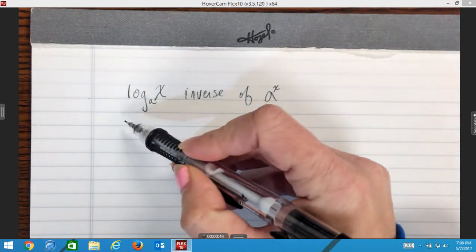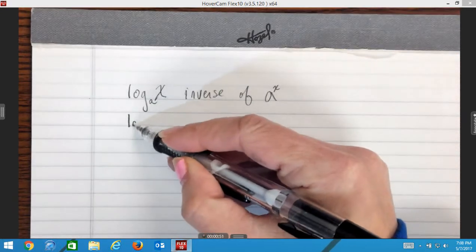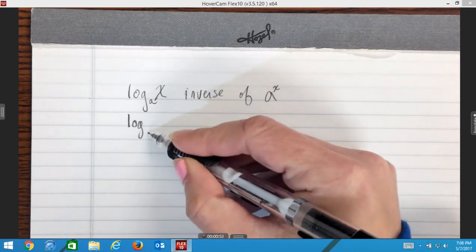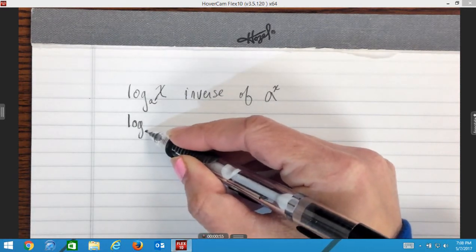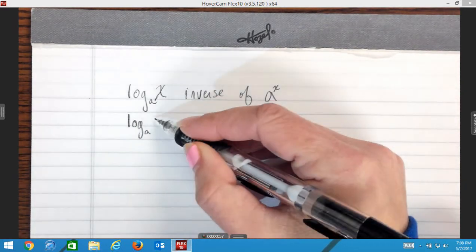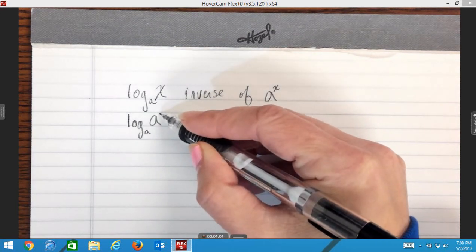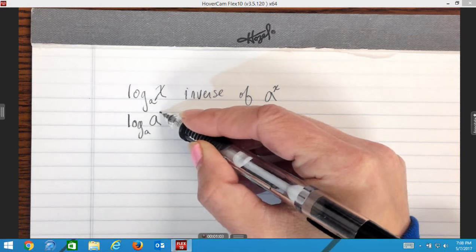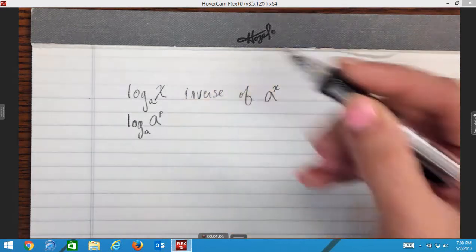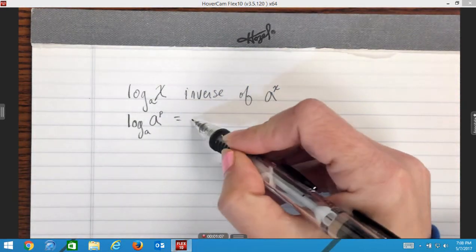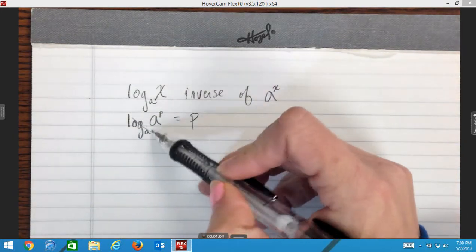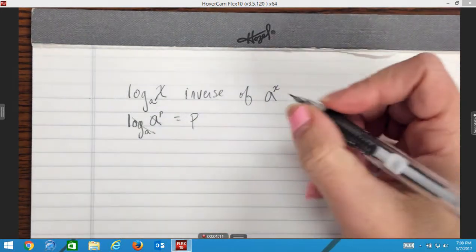A lot of the things that we're going to do today use the property where log base a of a to some variable, I'll just make it a p, why not, is equal to the exponent. These would cancel each other out. They're inverses of each other.